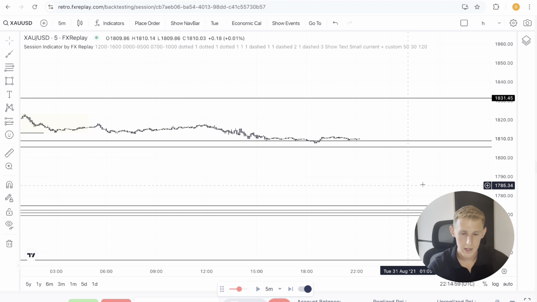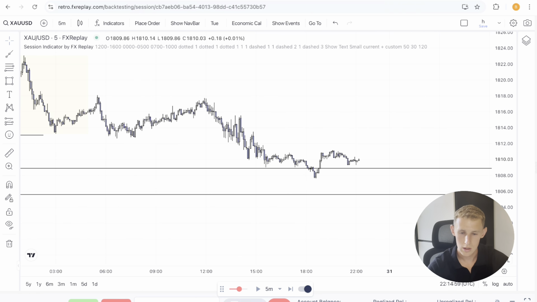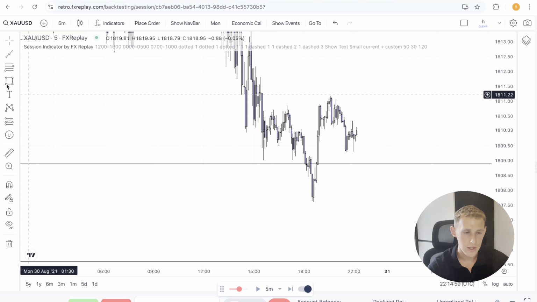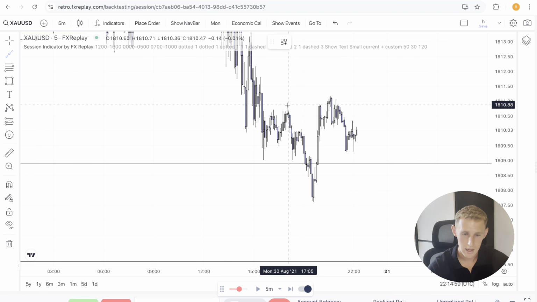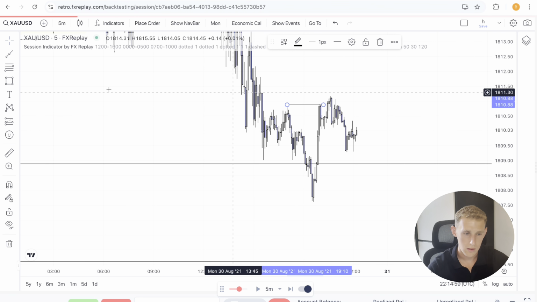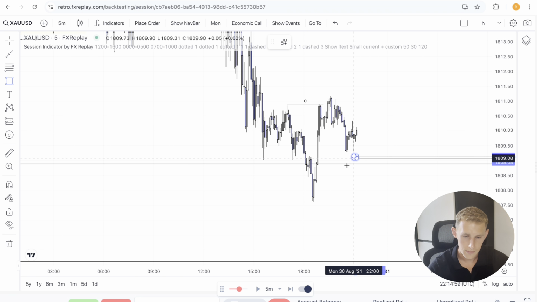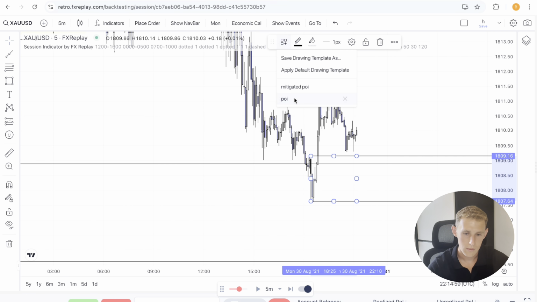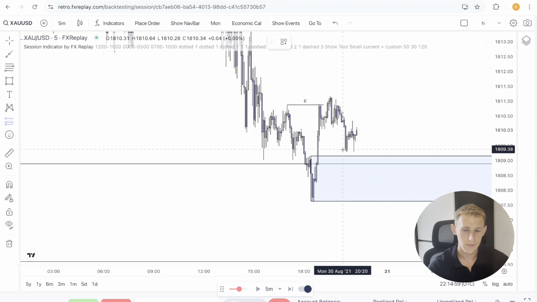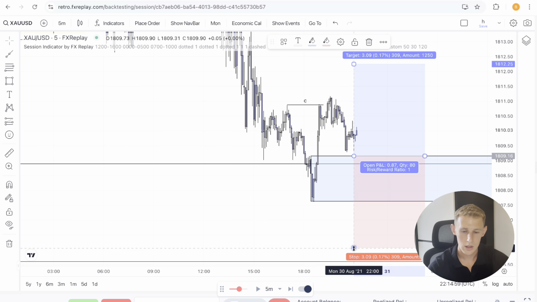Yeah, so let's monitor this demand. Actually, yeah, it has already given a change of character, as you guys can see. This is the area I would enter from. So let's set this trade and we'll see how this goes.